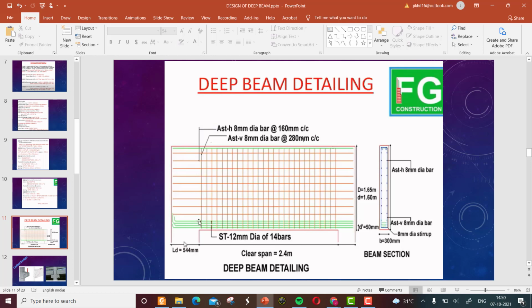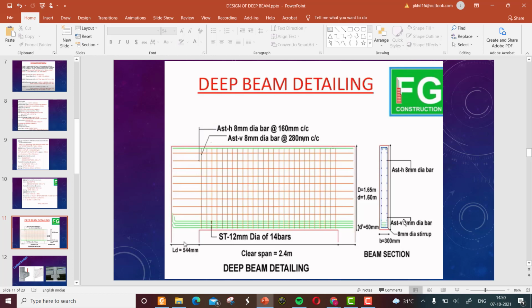And from here, see my mouse pointer, from here to the left of this point is the development length, which is given as Ld equal to 544 mm as per the code provisions. And these red lines are the horizontal as well as the vertical reinforcements.